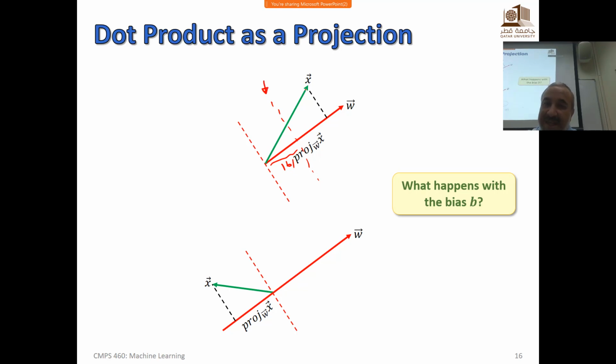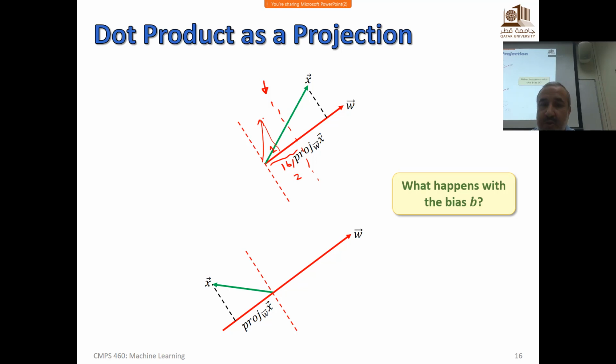Okay? Now, in this specific case, this is now the new decision boundary. Now the projection of X, let's say that this is 2 now, which means that B is minus 2. Okay? And this is 4. Still positive, right? But if we got a point here, the projection will be like 1, right? 1 minus 2 is negative.